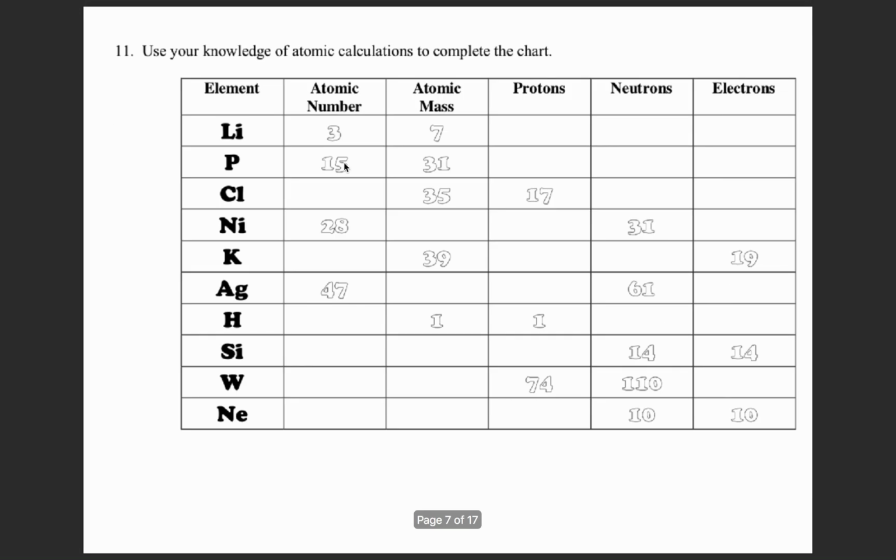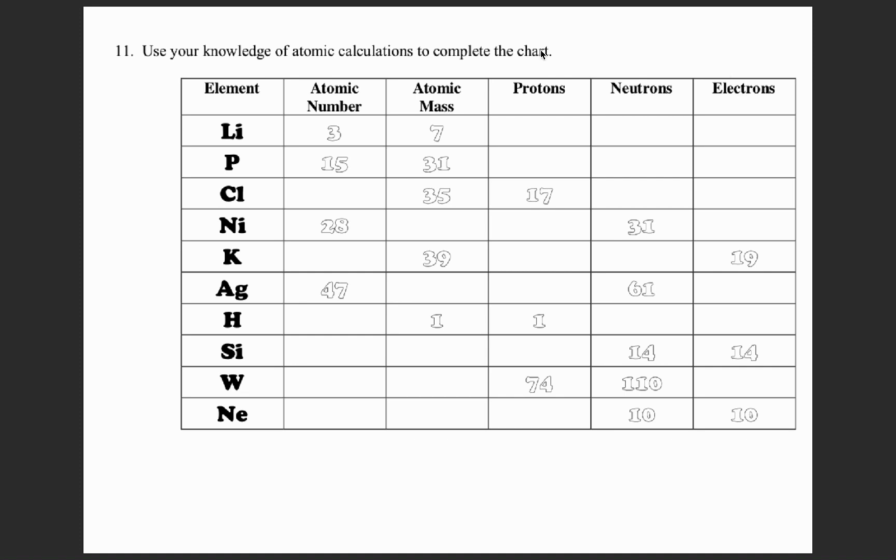Another one would be P, which is phosphorus, and I have 15 for my atomic number and 31 for mass. Again, I have these stars up here, and so I'm going to write 15 here and the number 15 here as well. So my atomic number is my number of protons, and in this case, it's my number of electrons.